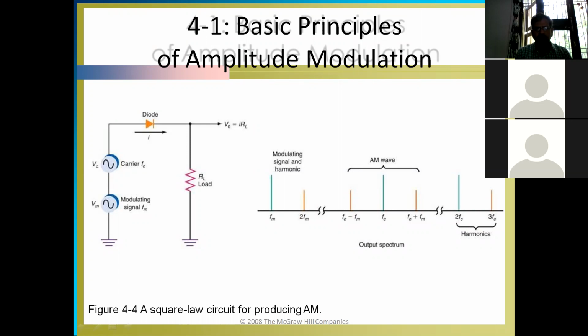The output spectrum of the amplitude modulation is given in the second diagram. There is the AM wave, which has the upper sideband frequency and lower sideband frequency. The upper sideband is fc plus fm, and the lower sideband is fc minus fm.